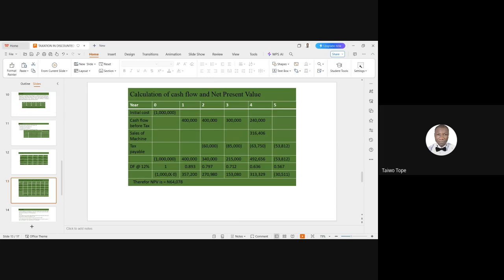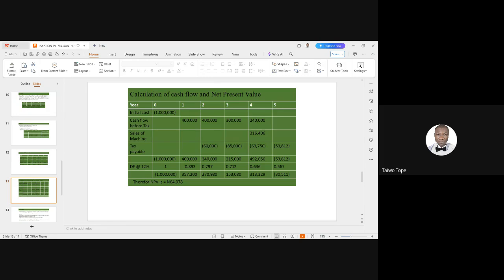So for you to get the present value, 1 multiplied by 1 million, you have 1 million, and 0.893 multiplied by 400,000, you have 357,200. And in year two, you have 340,000 multiplied by 0.797, you have 279,80. In year three, you have 215 multiplied by 0.712, you have 153,080.